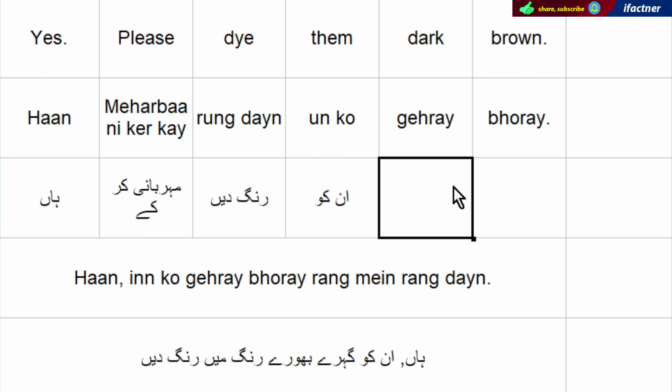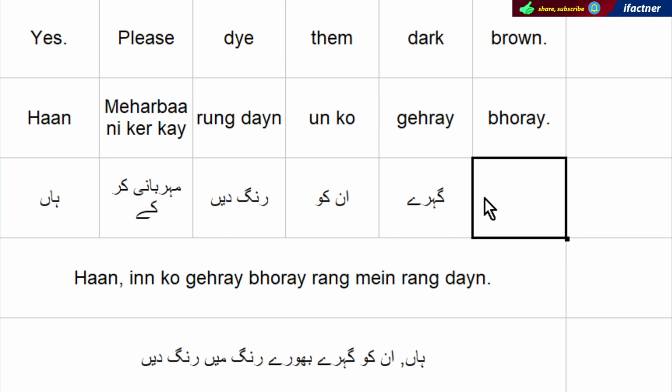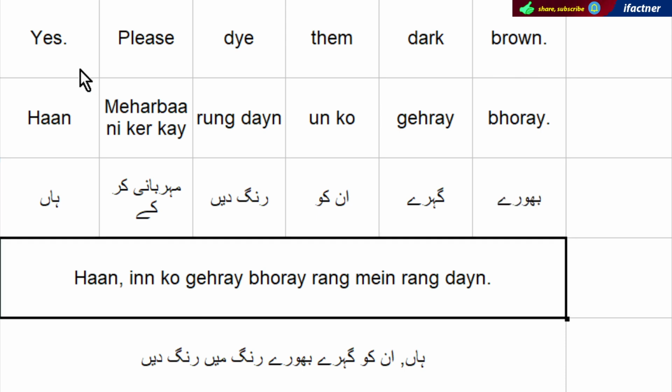Dark is गहरे, which can be typed as गाफ हे रे बड़िए गहरे, and brown are भूरे, which can be typed as बे दो चश्मी है वाव रे बड़िए भूरे. Yes, please dye them dark brown. हाँ, मेहरबानी करके उनको गहरे भूरे रंग में रंग दें.